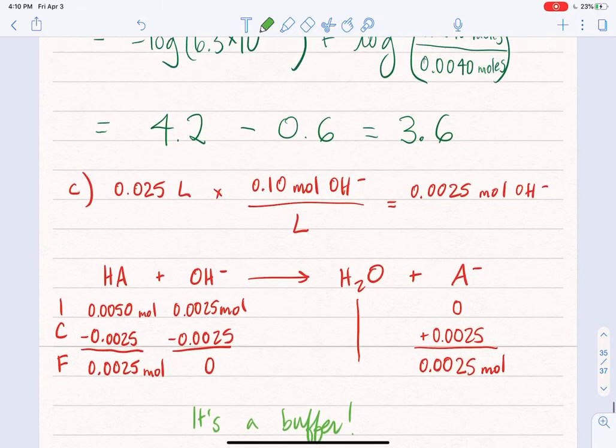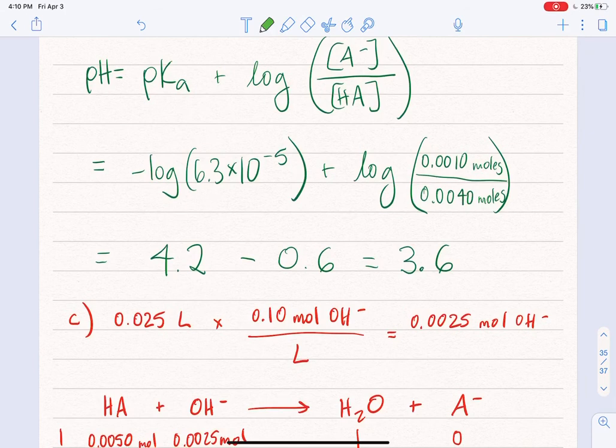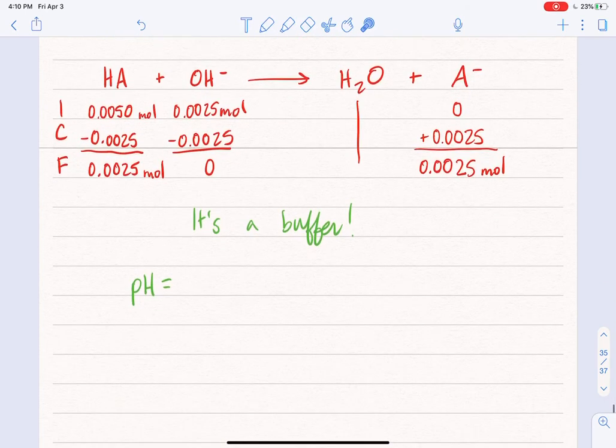You may remember from the last problem, part B, that the pKa is the negative log of 6.3 times 10 to the minus 5, or 4.2. So 4.2 plus the log of, we can plug in the number of moles of base over the number of moles of acid.